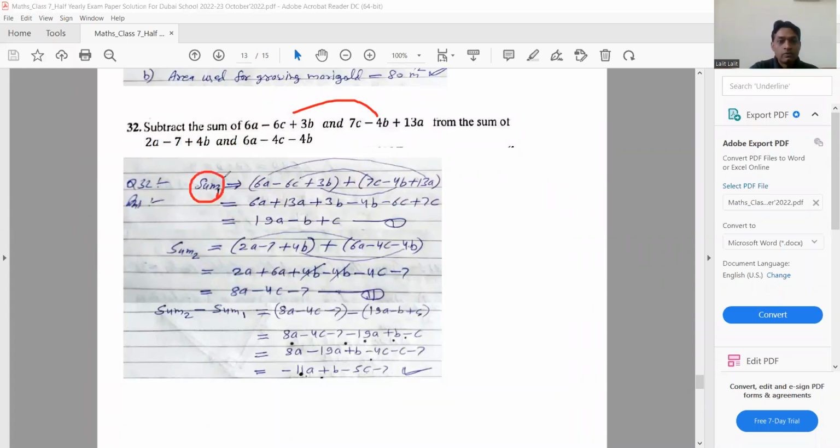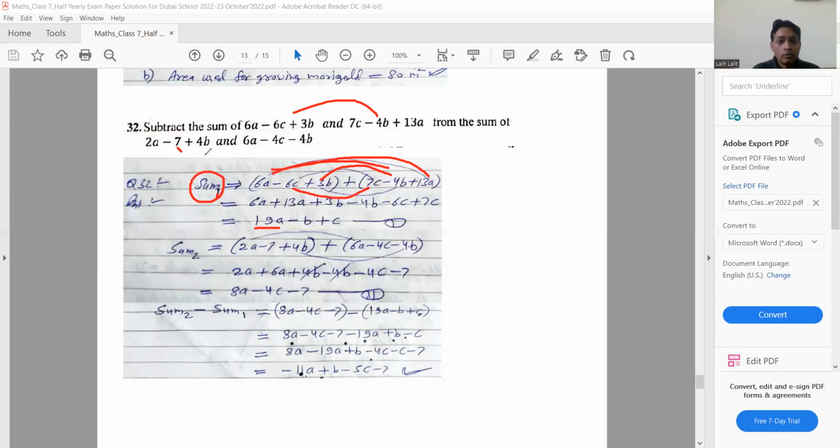Sum 1 is this plus this. Now we need to add the like terms. So 6a plus 13a, 3b and minus 4b, and 6c and plus 7c. When you add and subtract the like terms, you will get 19a minus b plus c. Put this as equation 1.